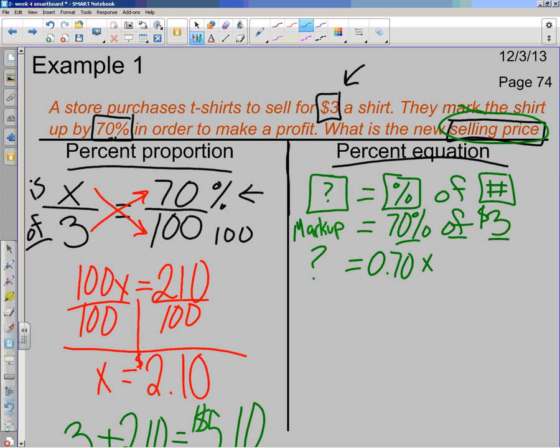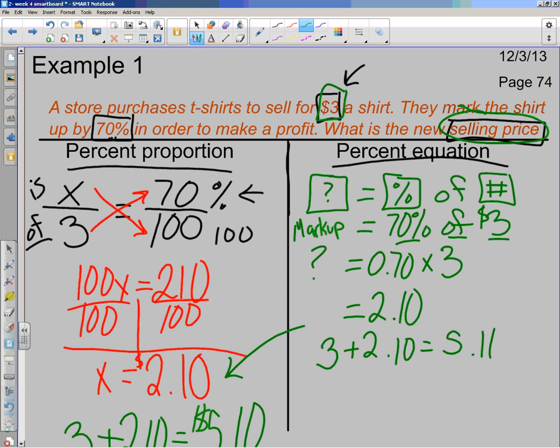Of means multiplication, and then I've got my $3. If I were to plug that into a calculator, I would end up with $2.10, just like I did over here. And then I would add that to my original cost, or the cost of the t-shirt for the store, which is $3, plus $2.10, gives us the same answer of $5.10.